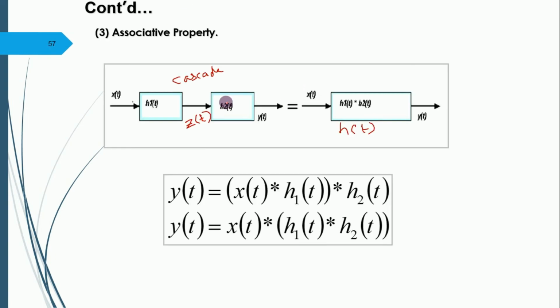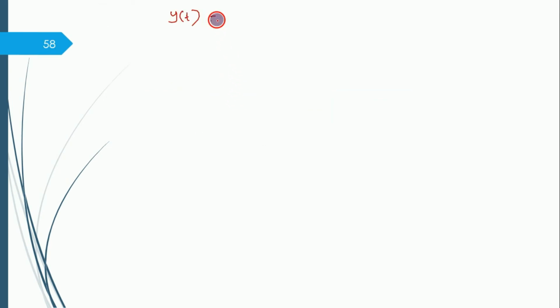So first I start from y of t, the left hand side diagram, this one. What is y of t? y of t is z of t convolved with h2 of t.